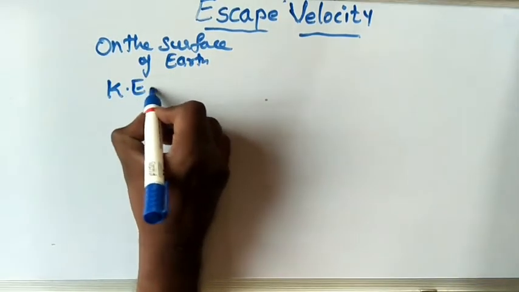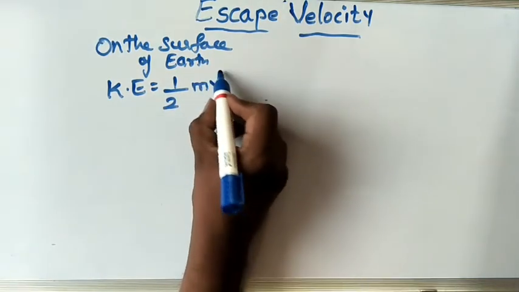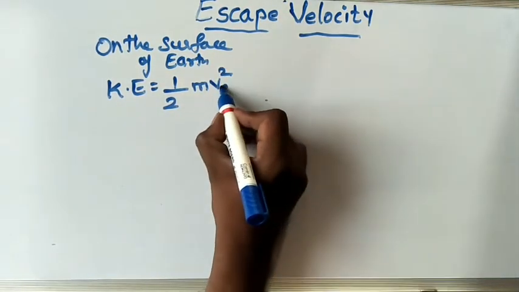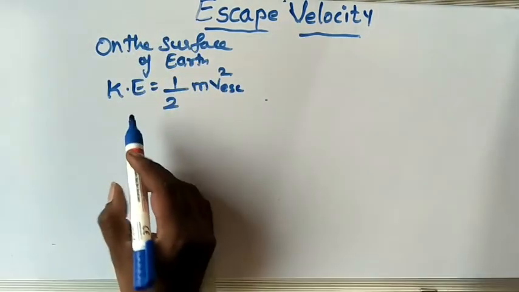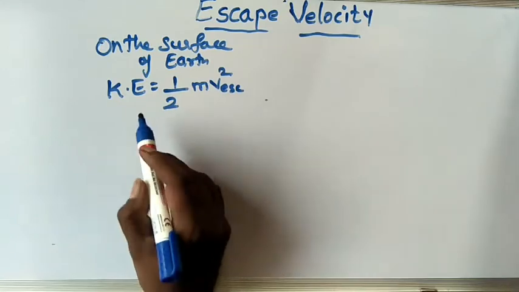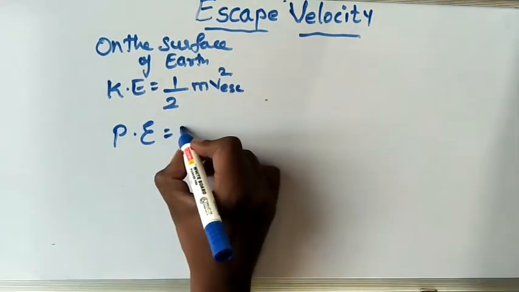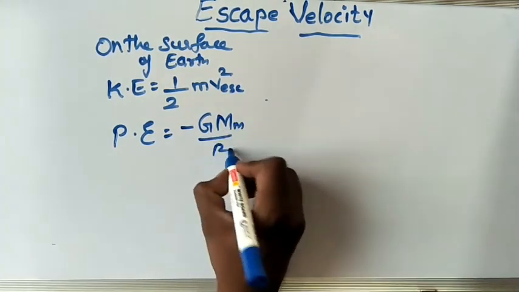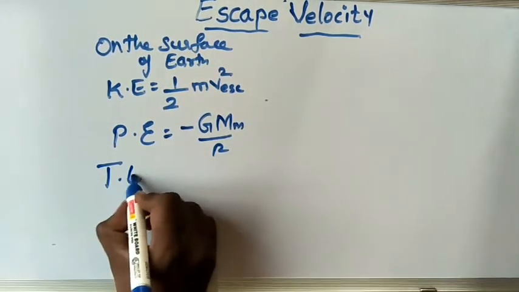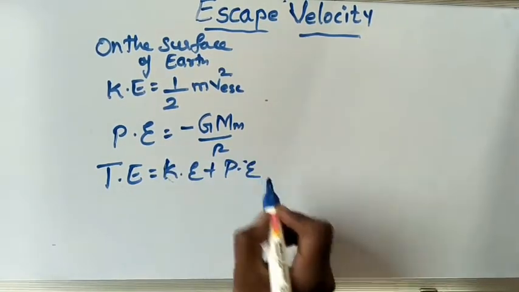kinetic energy is what? What is the formula for kinetic energy? Half mv square. I'll write here escape velocity, because the velocity is an escape velocity on the surface of the earth. Potential energy, as I mentioned before, is minus GMm upon r. So what is the total energy? Kinetic energy plus potential energy.